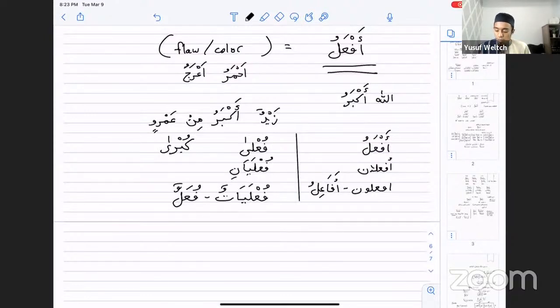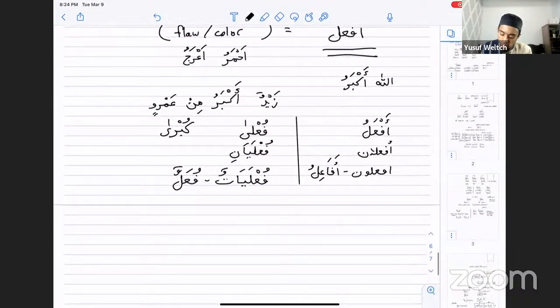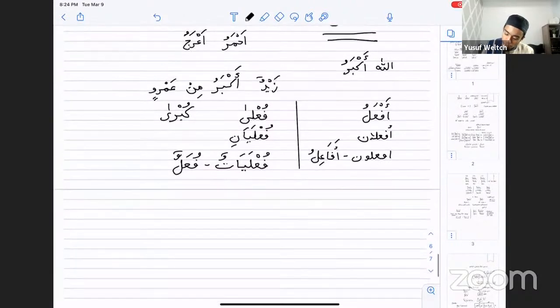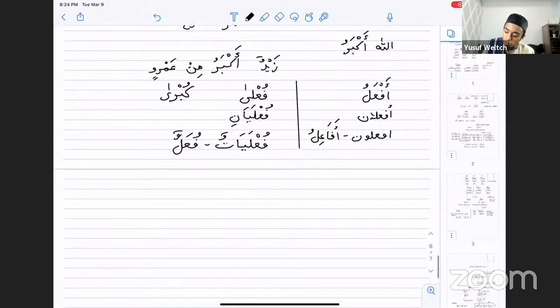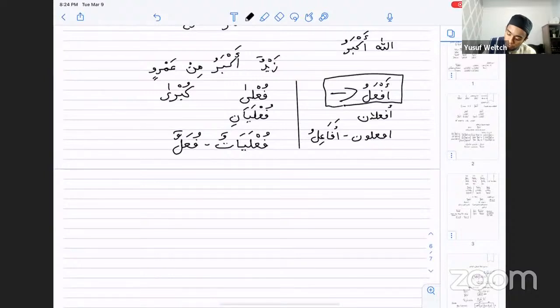Generally, this type of word is only used as a comparison to something else. However, if you are using it as a comparison, you only use this one right here.